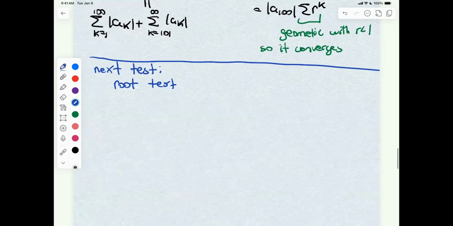And here again, you want to determine whether the series converges or not.